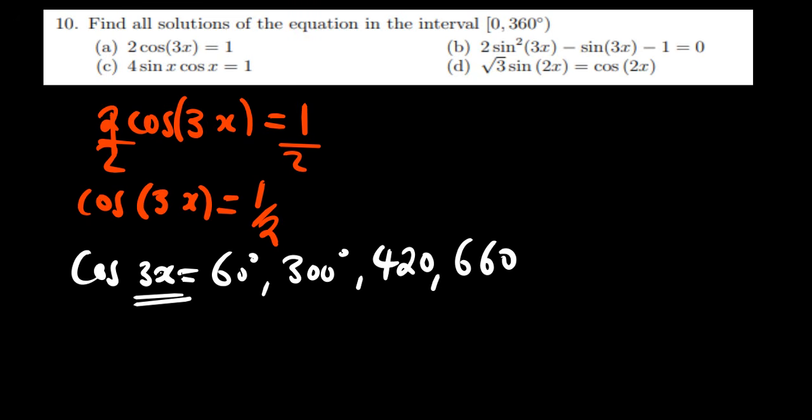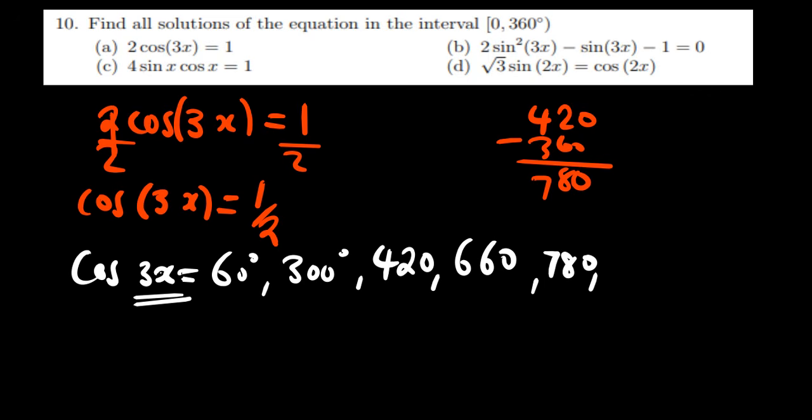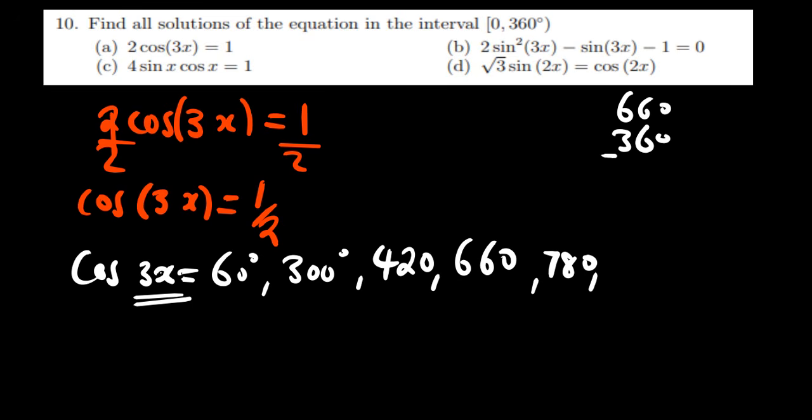Now when we make another one, we're going to add another 360, the last one. So 420 plus 360 is 780. Now 660 plus 360 is 1020. Okay, pardon me, I haven't written them in radians.